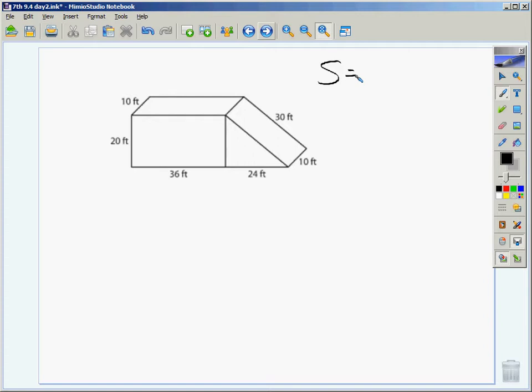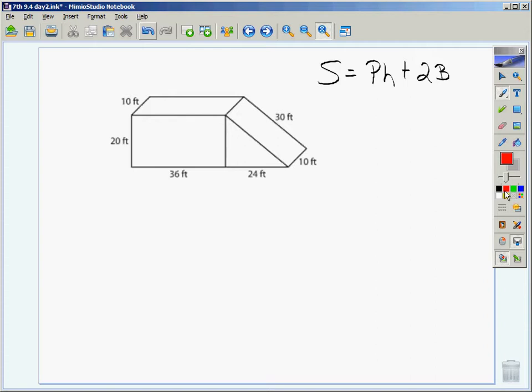S equals pH plus 2B. Very good. S equals pH plus 2B. What is the first thing I want to identify in my shape?